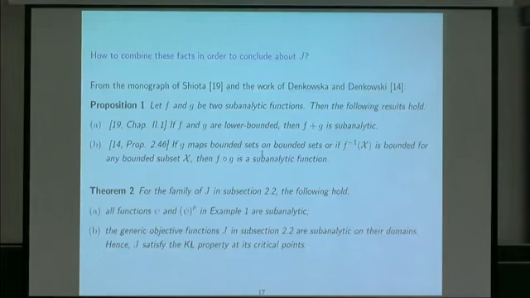But we have to know how to combine them, how to make the sum, in order to ensure that everything is subanalytic. We will use these two facts: if f and j are subanalytic and lower bounded, then the sum is subanalytic. The other important property is that a combination of two subanalytic functions is subanalytic, under very reasonable assumptions that are easy to prove for the functions on the previous page.